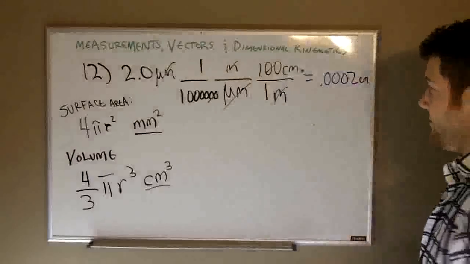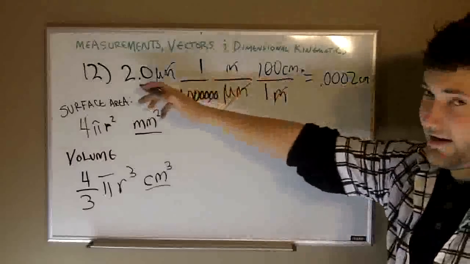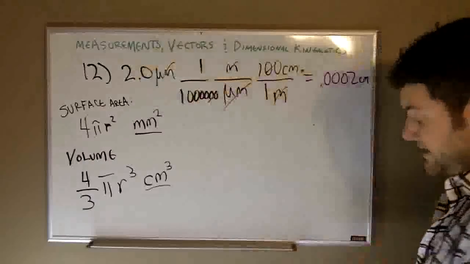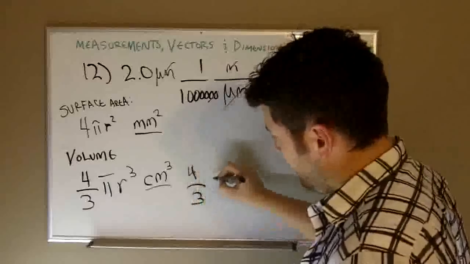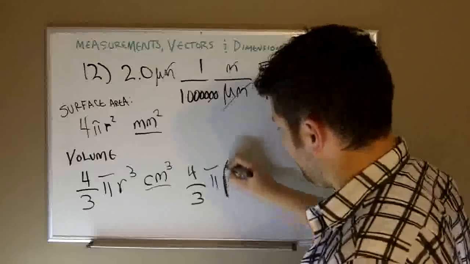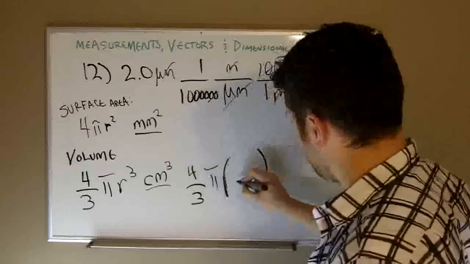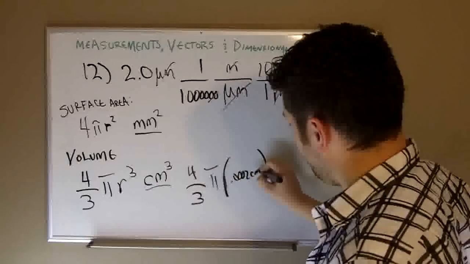And now we can use that in our formula again, and this is the same as this. It's just written in centimeters now. So now we're just going to plug this in. I don't know why I'm writing this, because I don't know the answer still, but I just want to show you guys that we're using 0.0002 centimeters.